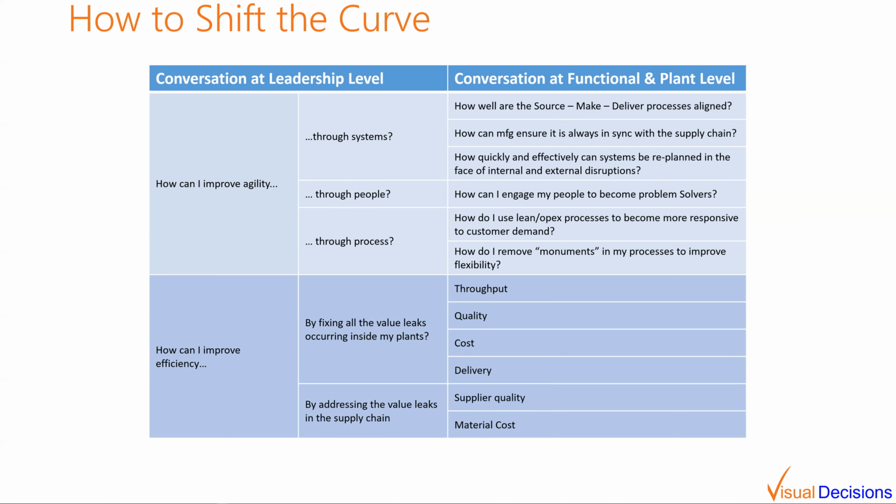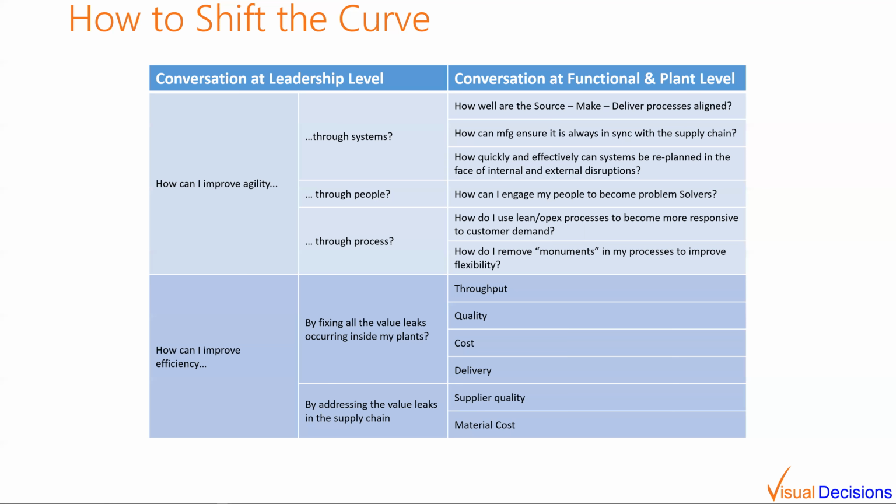How can we make sure we have alignment between our source, make, and deliver processes? How can manufacturing ensure that it's always in sync with the supply chain? How quickly and effectively can systems be replanned in the face of internal and external disruptions? Those are things, from a systems perspective, that we can put in place to help increase that agility over time.